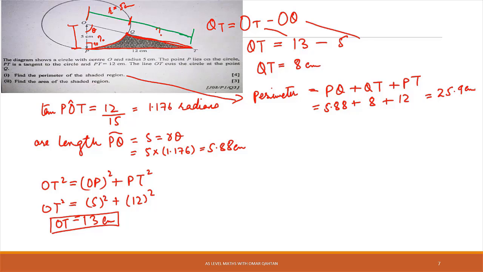Now in the next part we have to find the area of the shaded region. The strategy is almost the same. We just need to subtract the area of the sector from this triangle. We just need to remove the area of this sector from this triangle, and the rest will be this shaded part.